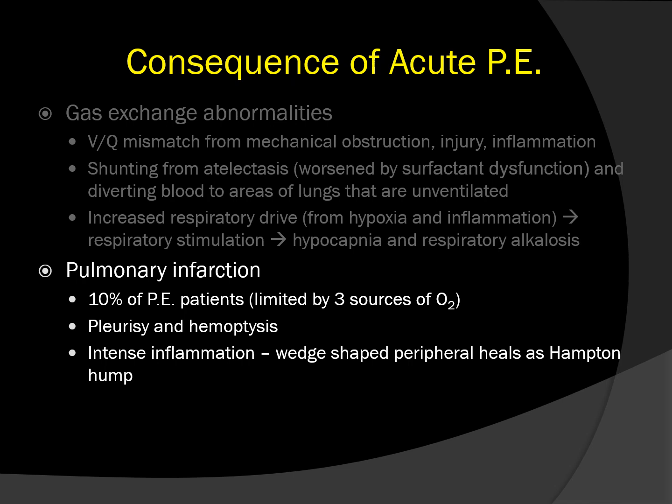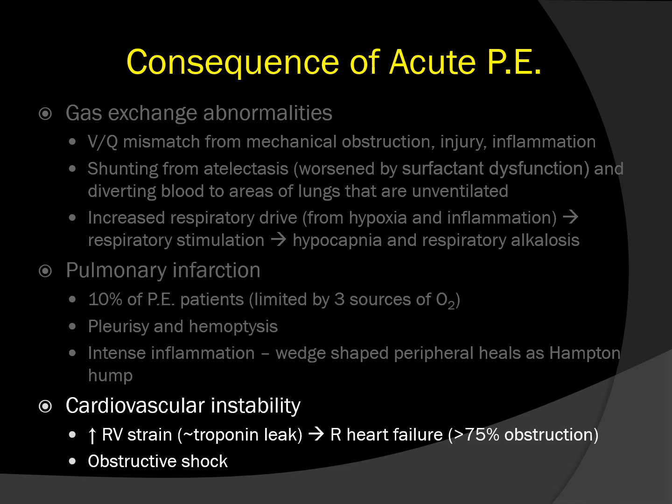So we have some protection for pulmonary infarction by these three sources of oxygen, but it does happen. When patients have a pulmonary infarction, they'll complain of pleurisy or have hemoptysis, and we can see intense inflammation. We will see a wedge-shaped peripheral infiltrate, which heals over time as a Hampton hump. I'll show you that in just a minute.